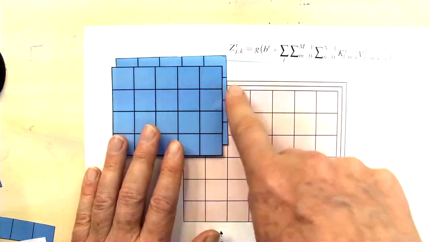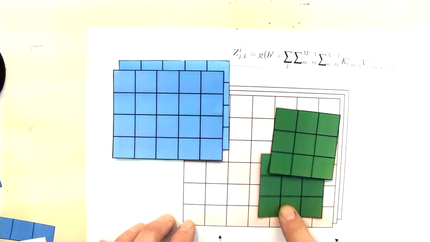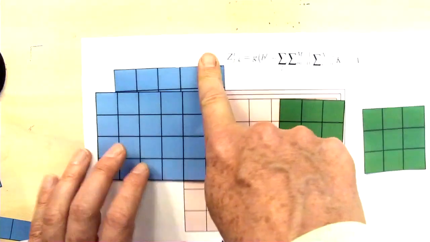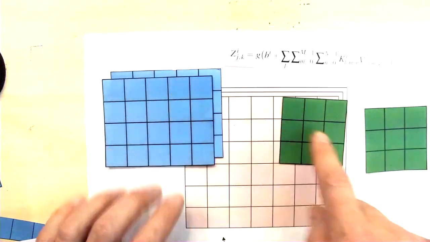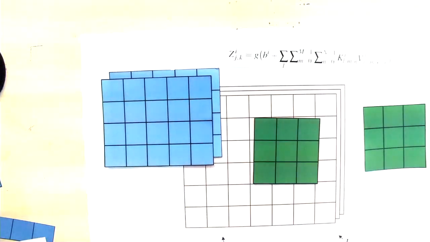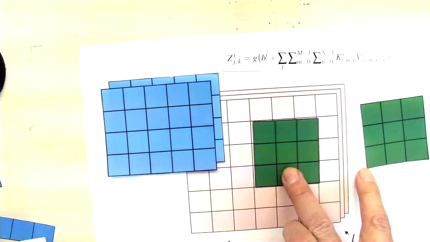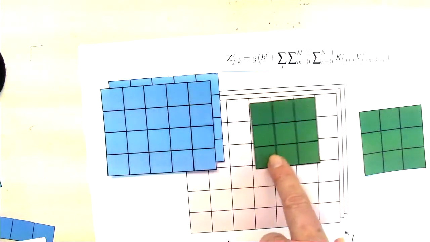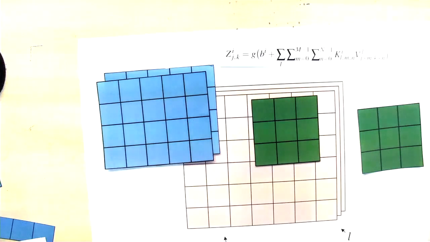So I could bring in a completely new set of weights that calculate some other channel. If I want a second channel, it's got its own set of weights that are completely separate from these weights. But I go through exactly the same process to calculate that channel.